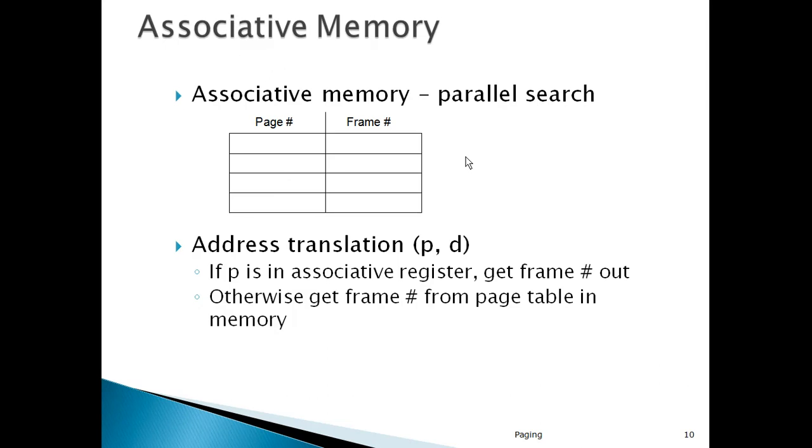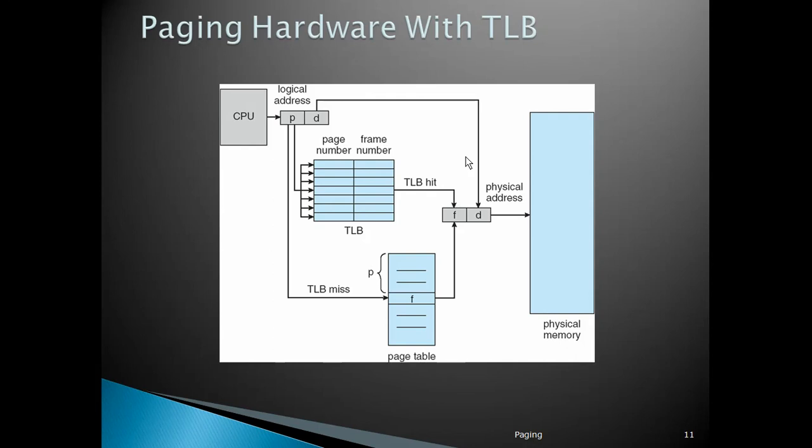Now we will see the associative memory structure, where the key is the page number and the value is nothing but the frame. That is, if P is in the associative register, get the frame out, otherwise get the frame from the page table. Now see the diagram where the CPU again generates the logical address which has two fields. First is the page number and second is the displacement.